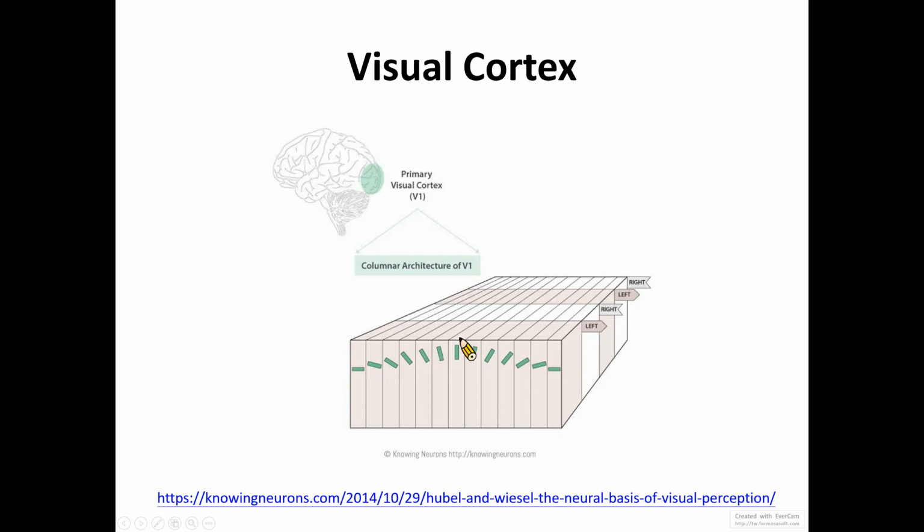It sends the filtered information to other parts of the brain for further processing. This amazing study also inspired computer scientists and mathematicians to develop a neural network capable of seeing, similar to the mechanism in our brain.